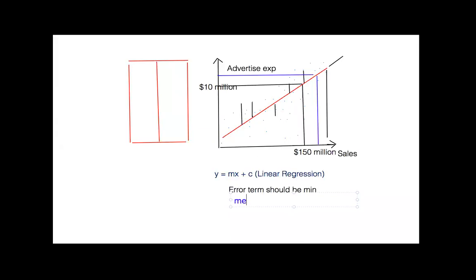You'll get something called mean square error, absolute error, then you'll get mean absolute error. So since we have such a variety of error terms, you can understand how vital this error is. We cannot ignore it. We'll have to understand it.